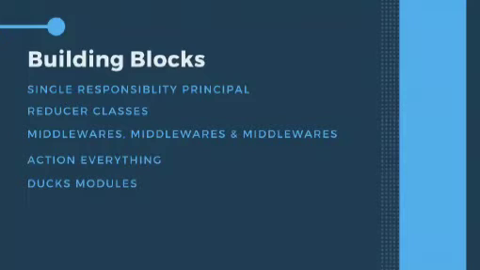Then third thing is middlewares, and excessive use of middlewares. What I've seen in most of the React projects, people don't use a lot of middleware. I mean, it's Redux middleware I'm talking about. Most of the logic is put inside the reducers or in the component itself.